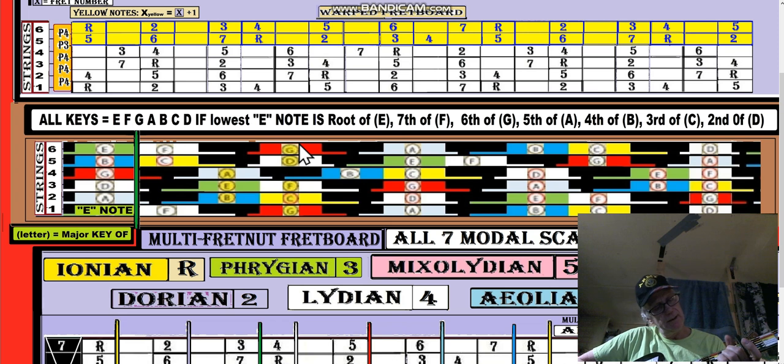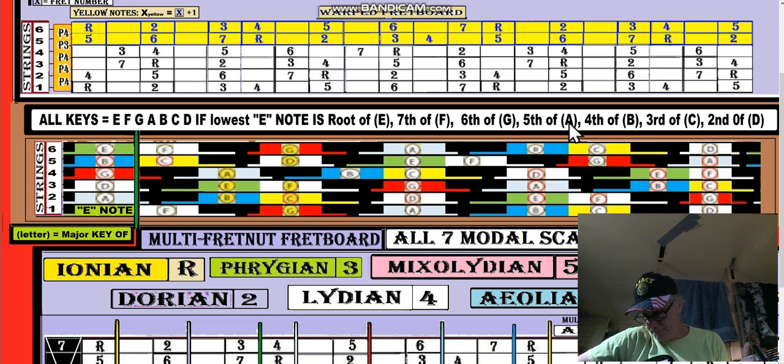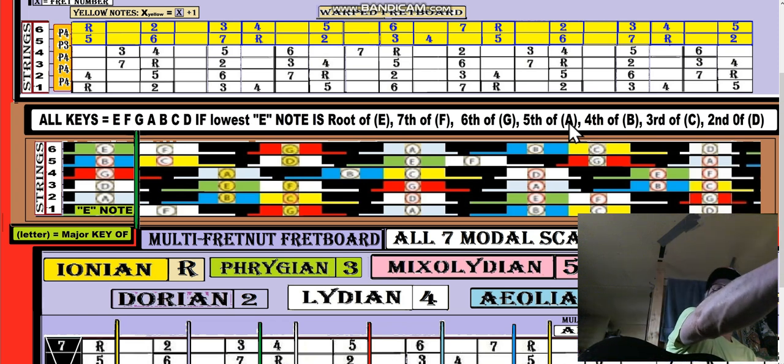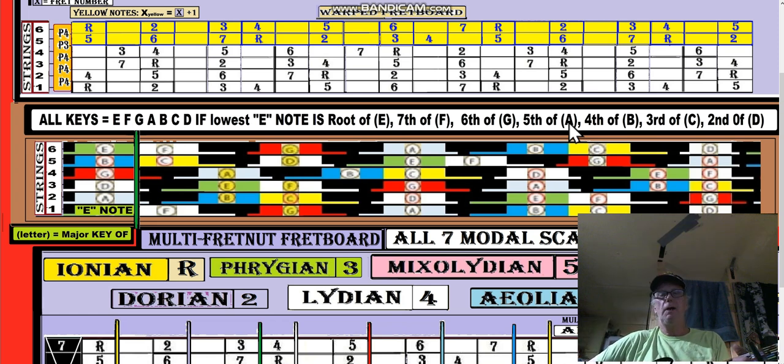Key of C, key of A. Okay, key of A. Remember, when the E note, which is the bottom one now, E is the fifth of A. Okay, so that's key of A, key of G, key of E, and key of D. All right, that is 5 different keys.